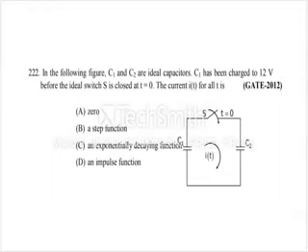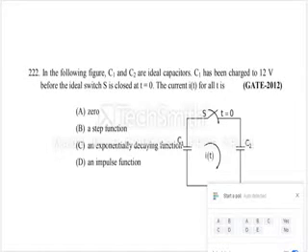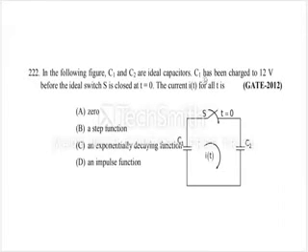Now see this problem. In the following figure, C1 and C2 are two ideal capacitors. C1 has a given initial charge of 12, and C2 is uncharged. So let us find i of t here.